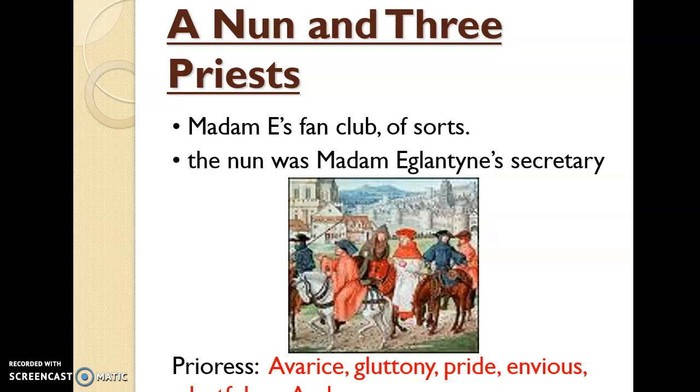So Madame E, the nun, and 3 priests portray a lot of potential different sins throughout the story, which is supposed to be satirical and supposed to be funny. Or funny in a different kind of sense, I guess. But the reason that they do portray these types of sins in comparison with the virtues is because they are trying to create a satirical element to the story.